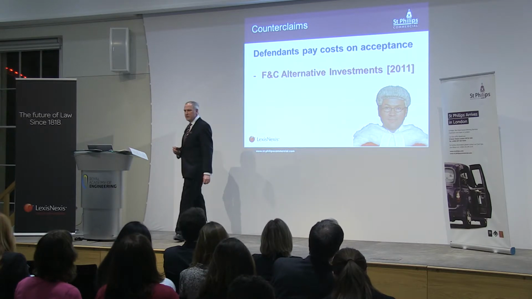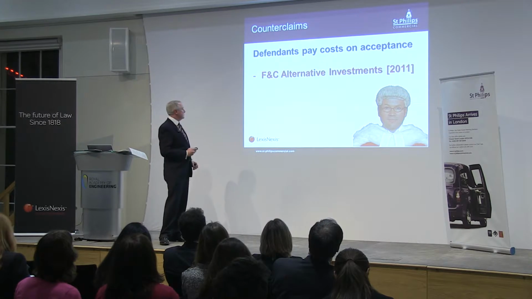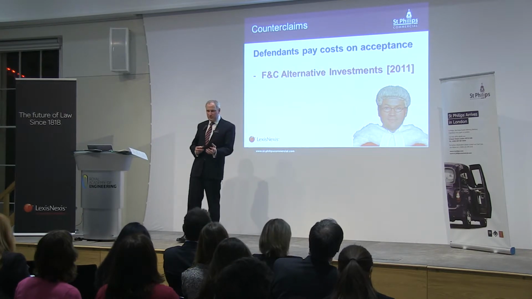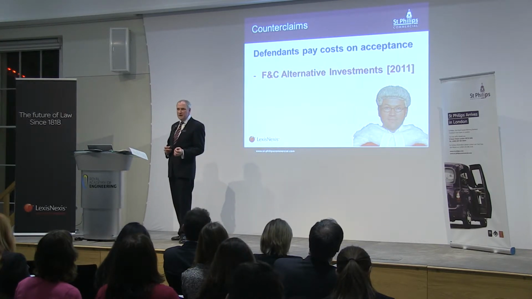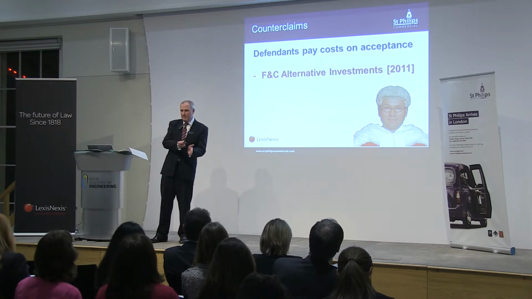Justice Philip Sales decided this case, F&C Alternative Investments and Barthélemy, in 2011. And it was a case in which there was a counterclaim by the defendant shareholders, effectively petitioning for unfair prejudice by way of counterclaim.